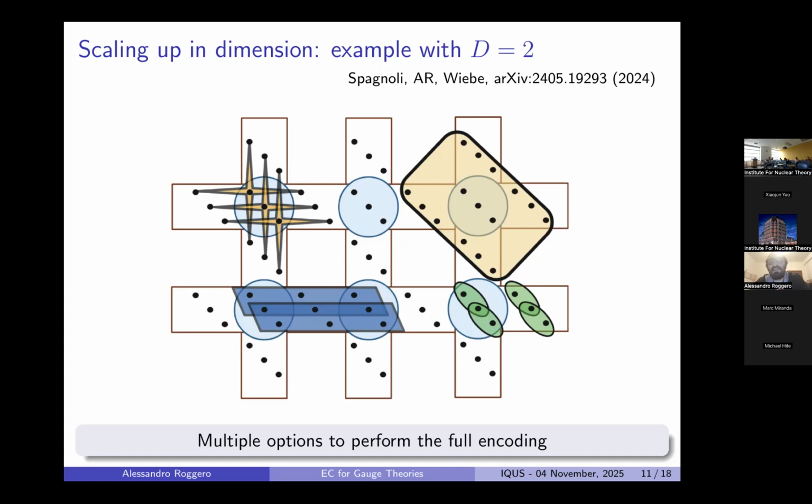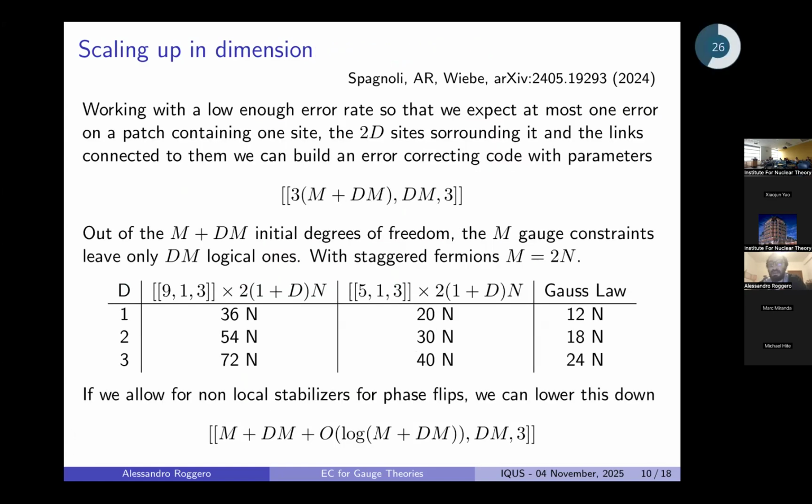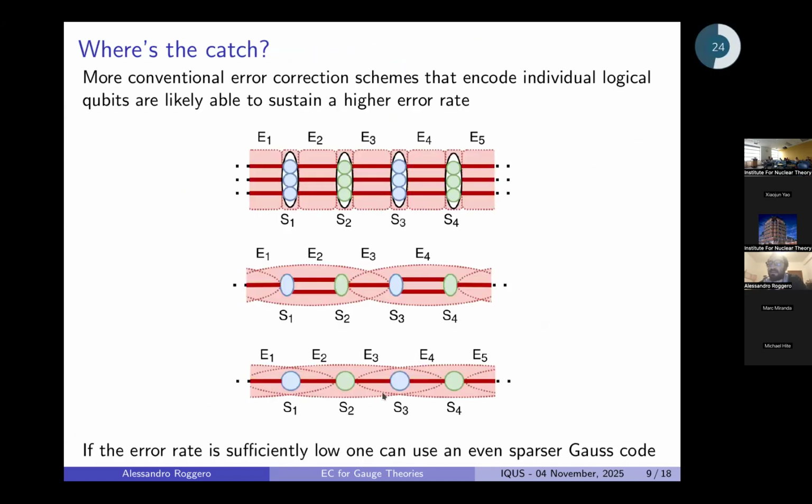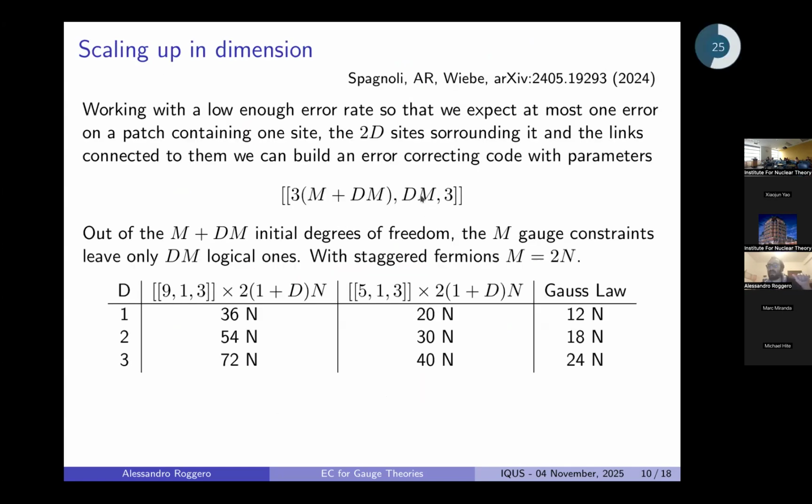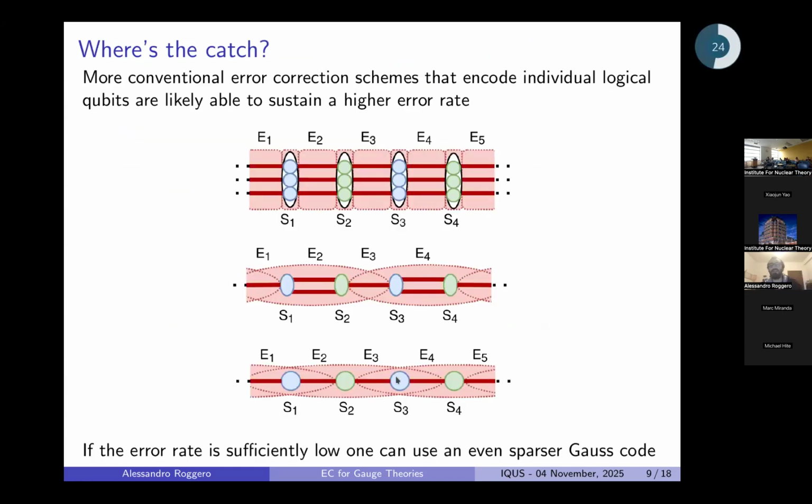In a way, yes. In another way, no. Even if you stick to the more physical, intuitive way of extracting stabilizers, your logical states are not local in space. Whenever you work in these cases, your logical states, the D times M logical states, don't belong to any given site necessarily because they've been spread out by the Gauss law.